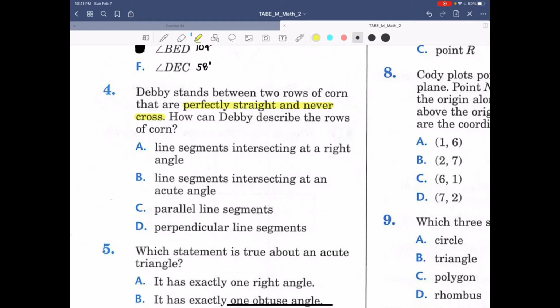No, not if they never cross. Parallel line segments or perpendicular. Perpendicular, not if they never cross. They are parallel line segments. So number 4 is C.